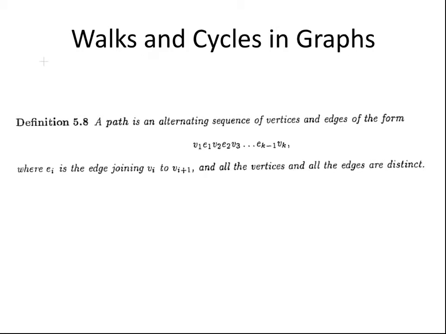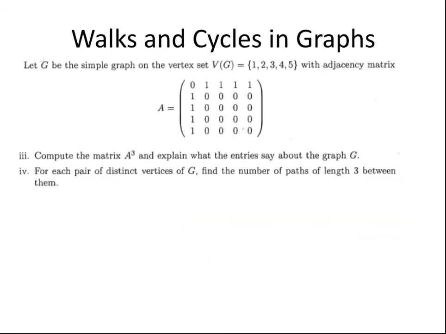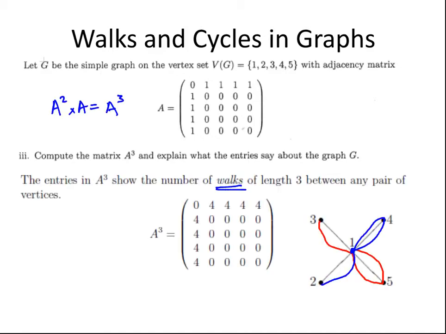Now, I mentioned previously that a path is an alternating sequence of vertices and edges, and the vertices and edges are all distinct. The question was, for each pair of distinct vertices of G, find the number of paths of length 3 between them. It's not possible to have a path of length 3. A path must not use the same edge twice, and it must not go to the same vertex twice.